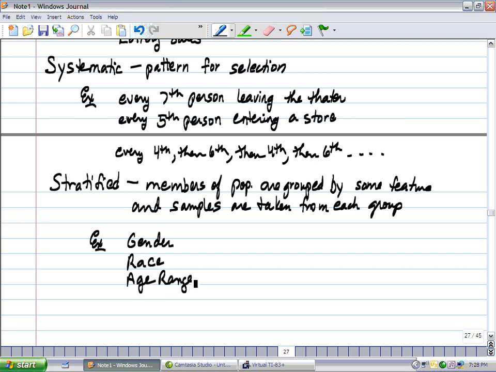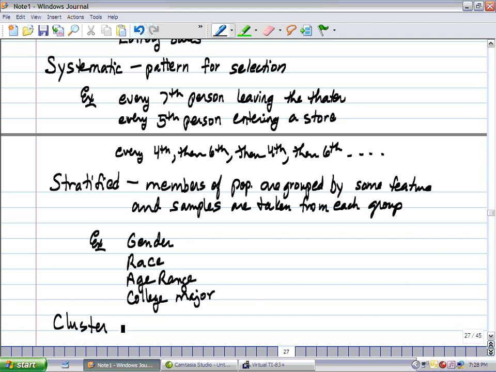So I could get a sample from all the people from 10 to 19. I could get another sample from all the people that are 20 to 29, and another from 30 to 39, and so on. I could do it by something like college major. Get those people together. Stratified.